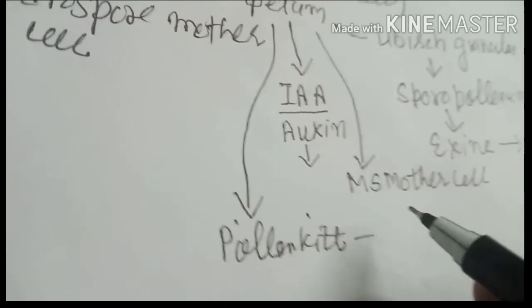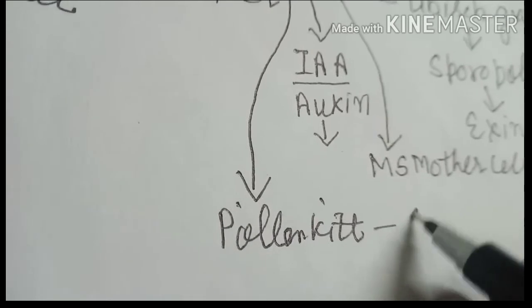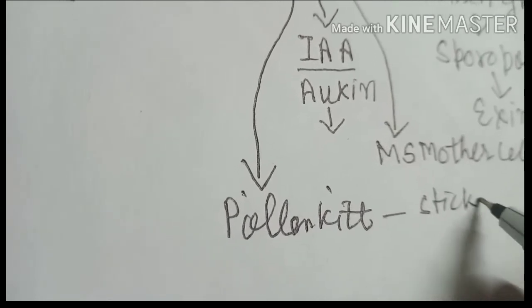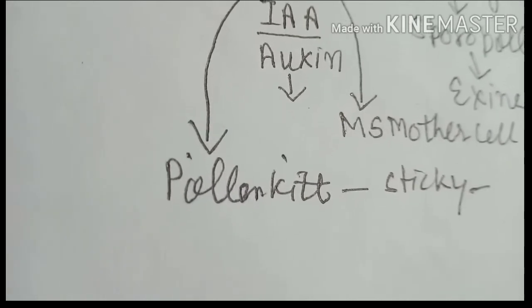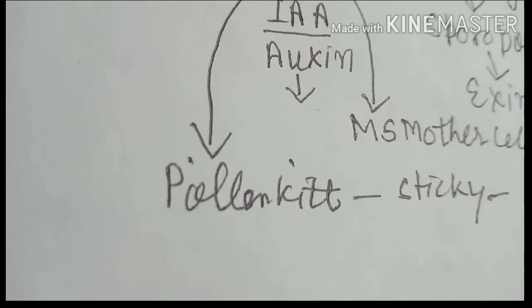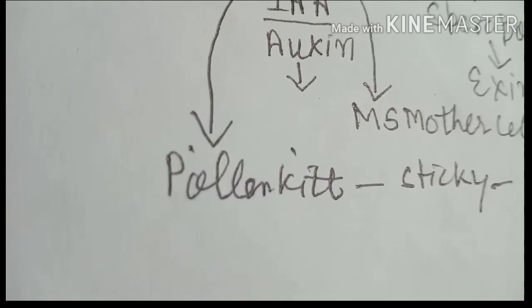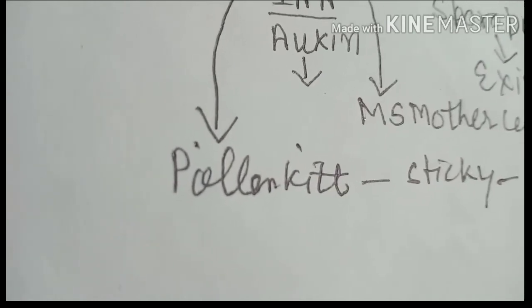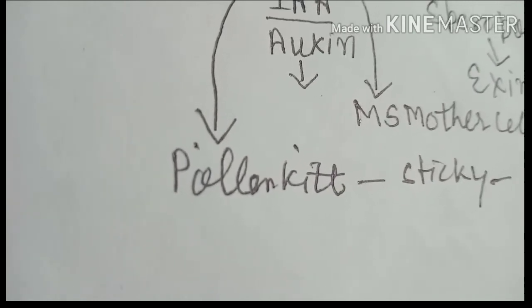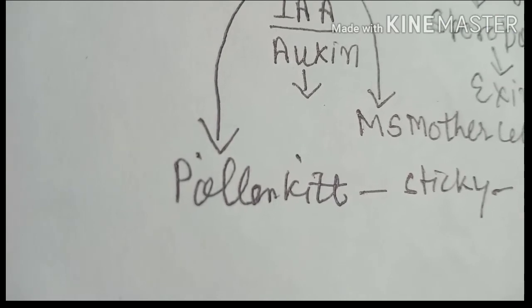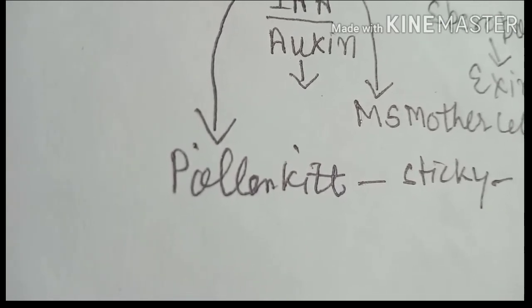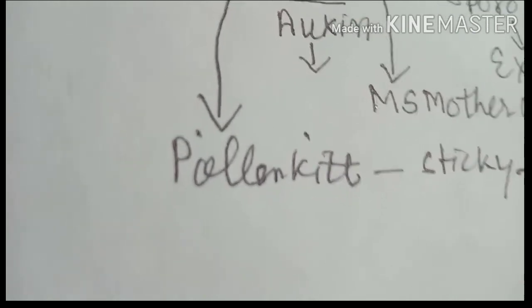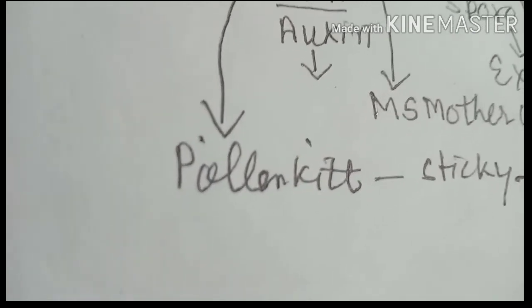These pollen kits are sticky in nature. Due to the presence of this pollen kit, the pollen grain gets adhered to the surface of insects, and they help in pollination. Pollination by insects is due to this pollen kit.